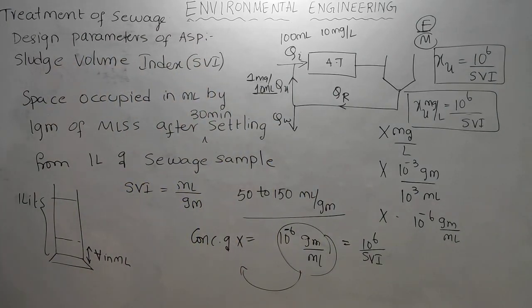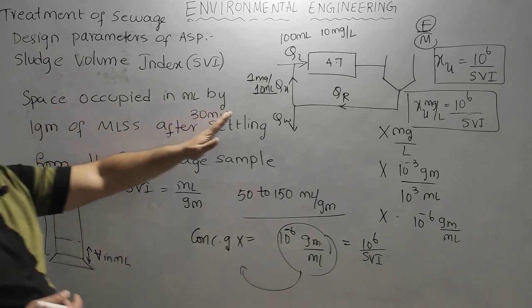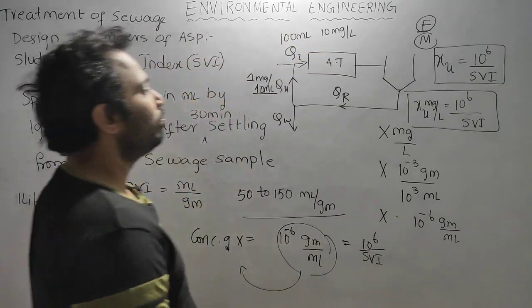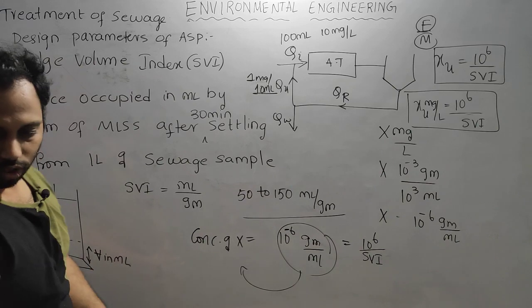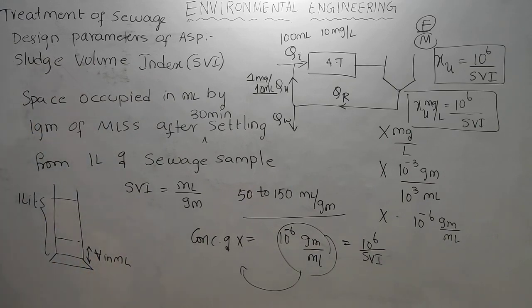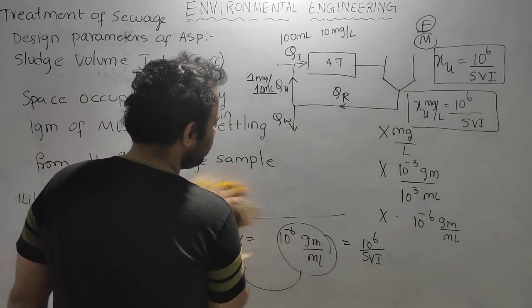Depending on this only, we can decide how much sludge we need to recirculate and send into this aeration tank, that is QU. QU can be decided using this SVI only.